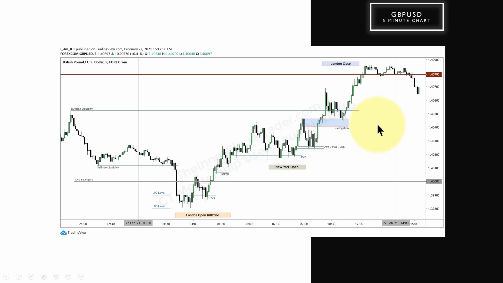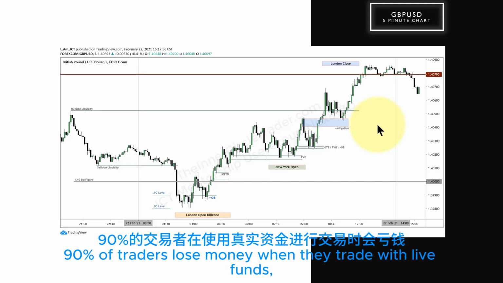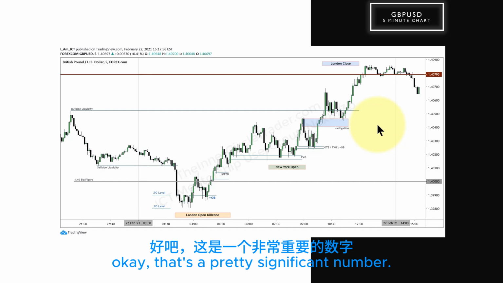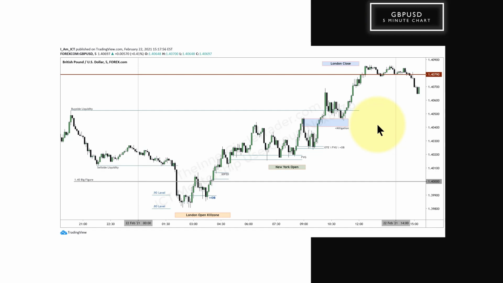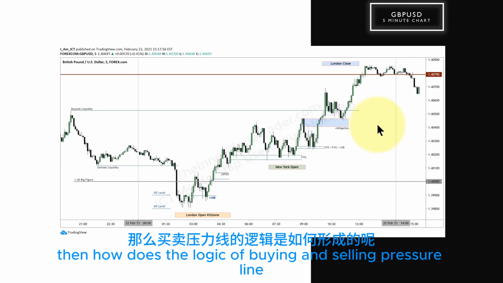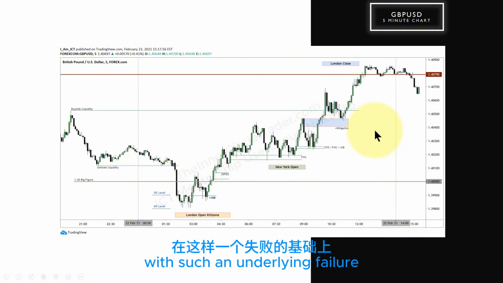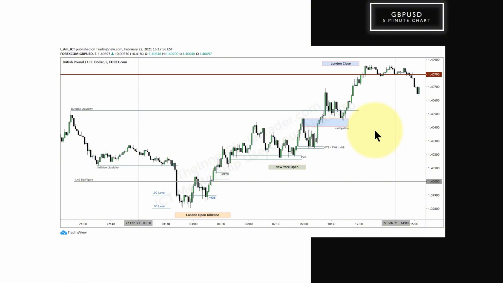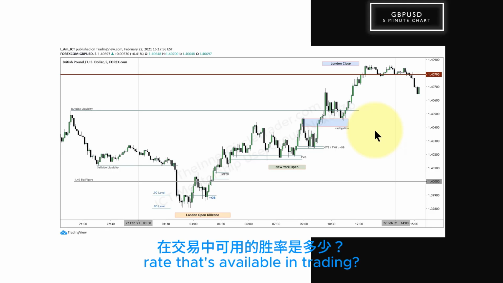Now, back to that question I pose to you. If we are to believe that 90% of traders lose money when they trade with live funds, okay, that's a pretty significant number. If that's the case, then how does the logic of buying and selling pressure line up with such an underlying failure rate that's available in trading?